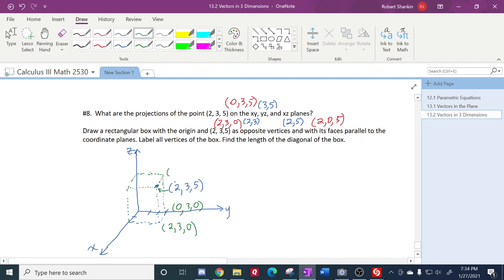So let's go to this point up here. That's on the YZ plane, so the X is 0, and Y and Z are present. Went over 3, up 5. This point over here only has a Z coordinate. The X and the Y are both 0.